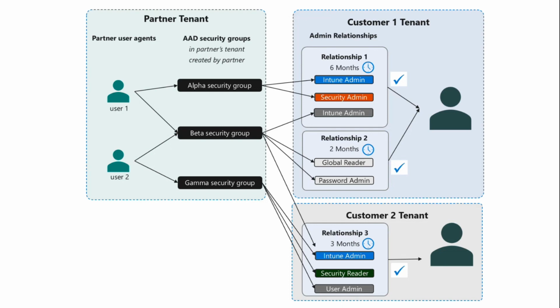That becomes important because certain MSSPs have compliance requirements that they have to meet in order to continue to provide these services. One of those requirements might be that the identities for their employees do not exist on the customer tenant. So if that's one of your requirements, GDAP is definitely the way to go.